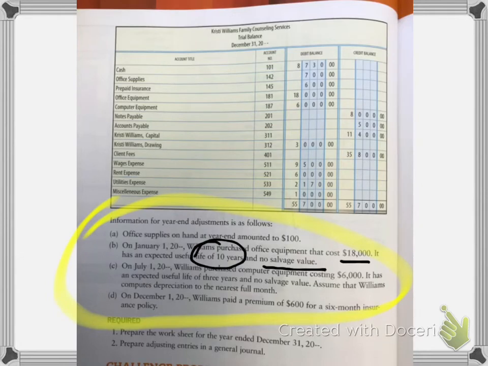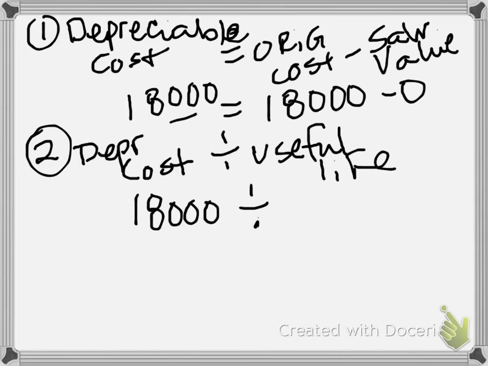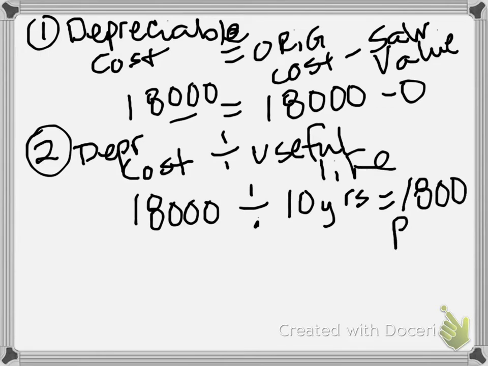Okay, so we need to see, how long have we owned this? Well, we purchased it January 1st, and now it's December 31st, so we've owned it for a year. So we will divide by years rather than months in this problem to get our amount of depreciation. So $18,000 divided by 10 years equals $1,800 in depreciation per year.